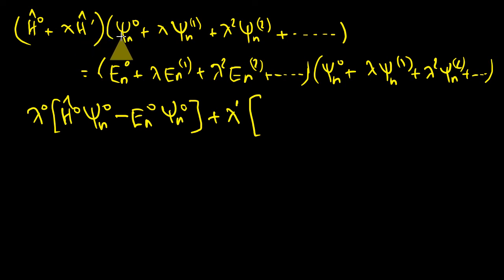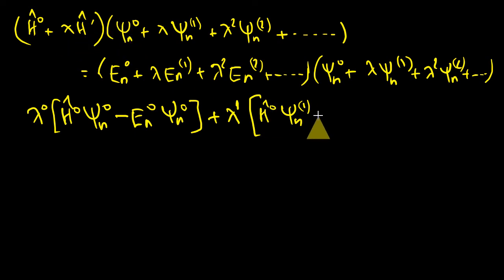Okay, so we can write lambda here also, 1, h cap 0 lambda psi n 1. Lambda raised to 1 is already taken outside, so I can write it as h cap 0 psi n 1, and the next term will come from here, lambda h cap dash psi n 0.